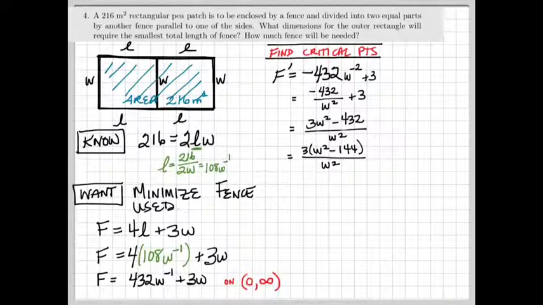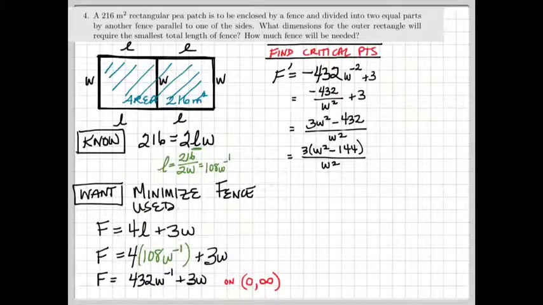Get a common denominator of W squared. This will give us 3W squared minus 432 over W squared. Factor out a common 3 from both terms in the numerator. This gives us 3 times W squared minus 144 over W squared.